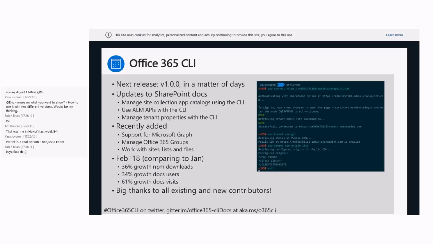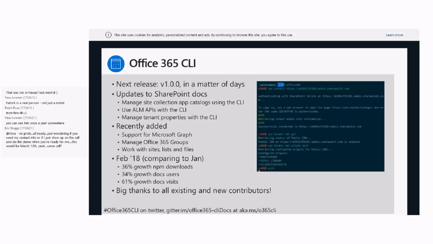We'll see. But Office 365 CLI, the next release, they're going to go up to V1 in a matter of days. So there are updates to the SharePoint docs, so managing site collections, app catalogs, ALM APIs, as well as tenant properties. Recently added support for Graph, managing Office 365 groups, and then working with sites, lists, and files.